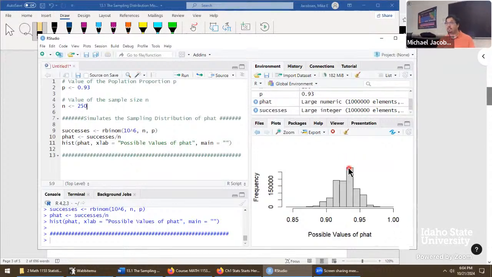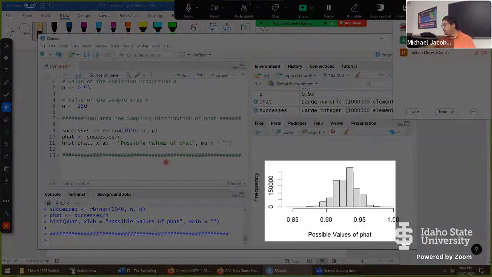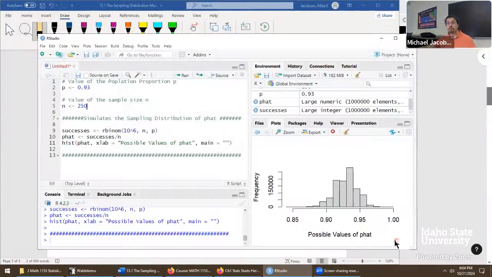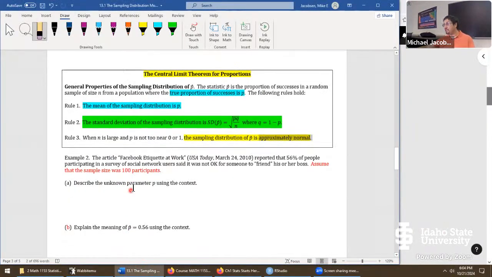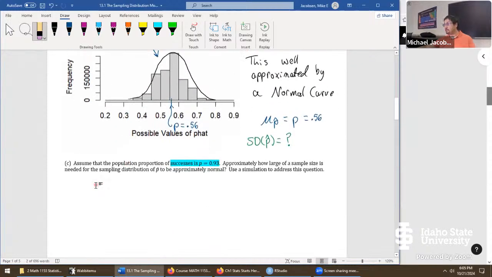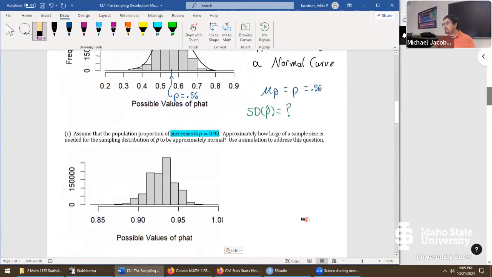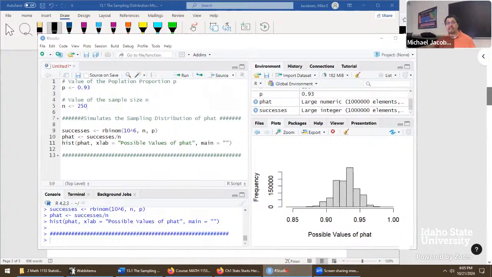This is all approximate. So let's say at sample size 250, we get this distribution, which can be well approximated by the normal model. So let's put this down here. At n equals, and I forgot the value, I think it was 250, yeah.